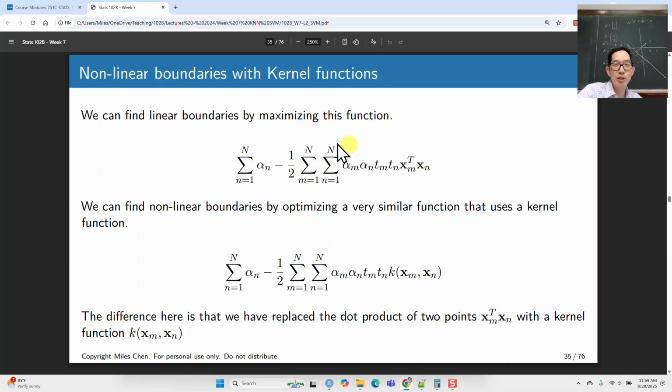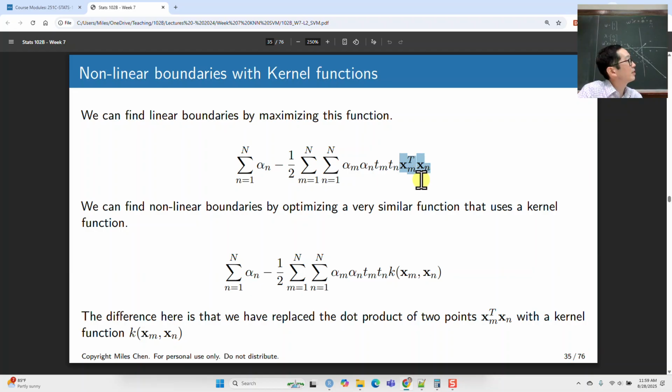So this is the original optimization problem, and here we're going to do basically the same thing, just replacing this part, this X transpose X, okay? And again, we're calculating this for every pair of points.